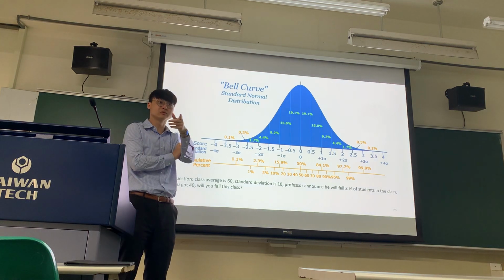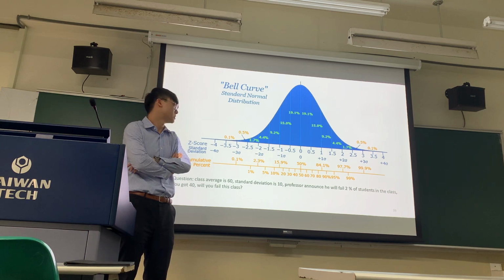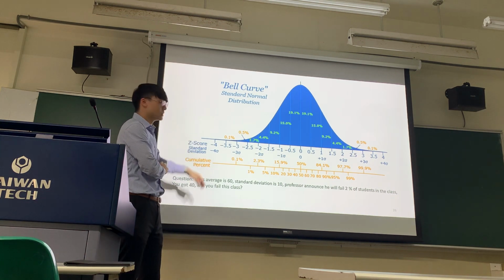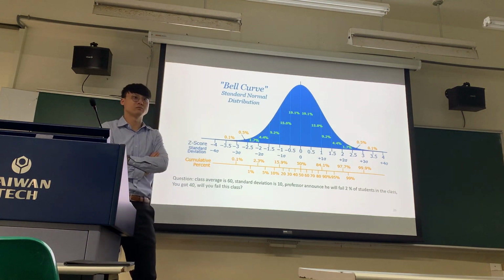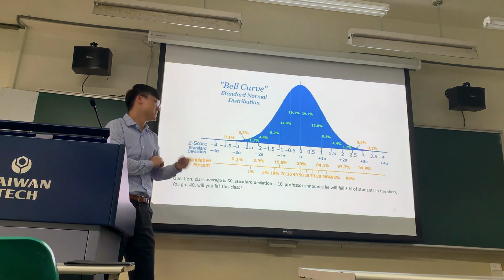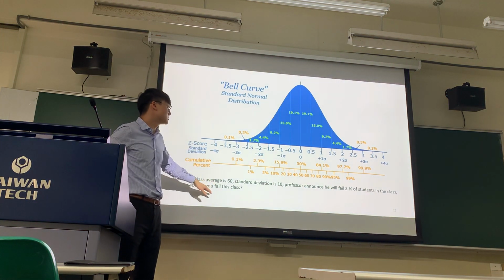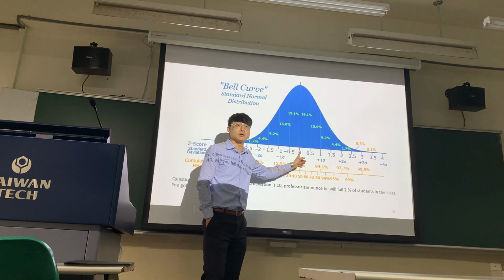By the way, did you answer yes or no? No, you won't fail, right? Yeah, you can look at the z, right? So the easiest way, the class average is 60, right? So if you look at the distribution, the 60 is in the middle, right?